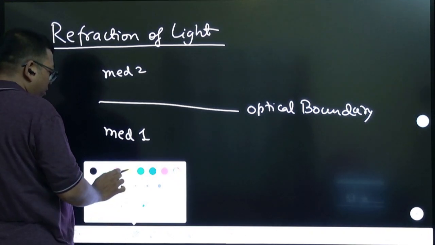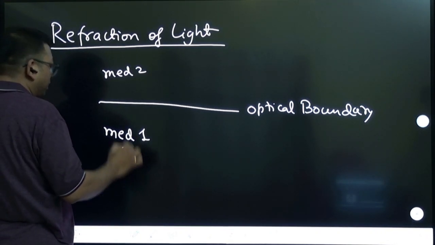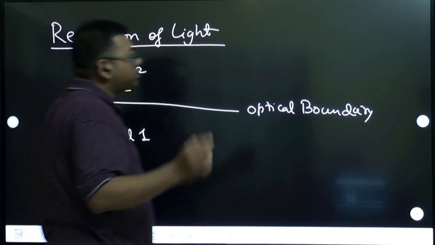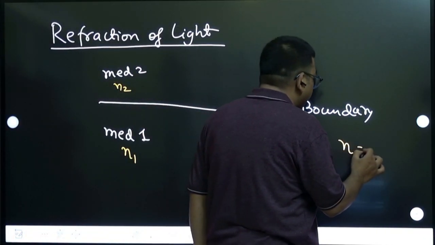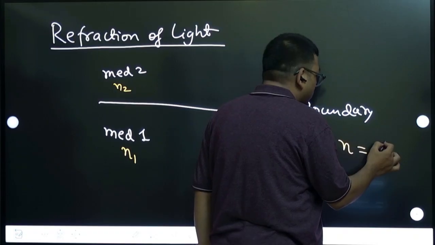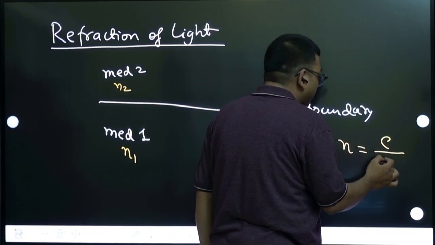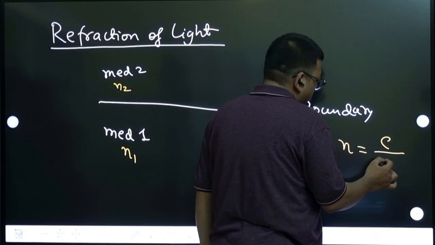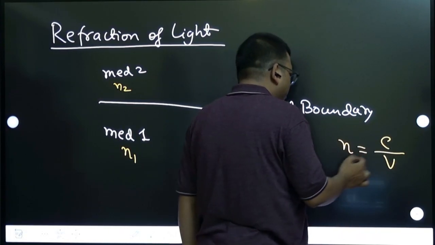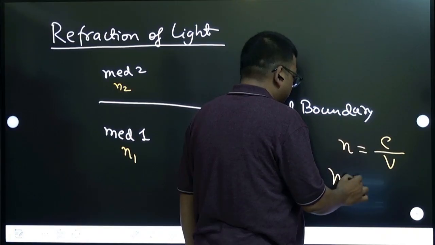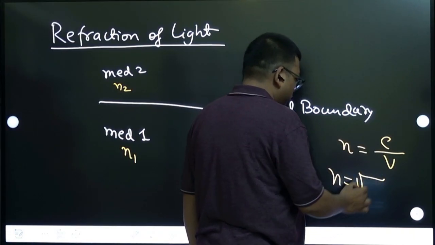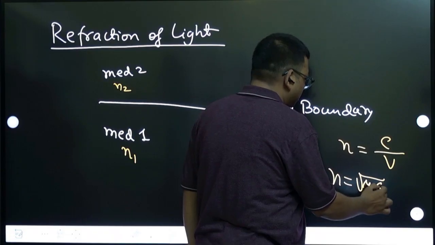And there is a property called refractive index, n1 and n2, which we have studied in electromagnetic waves. Refractive index is the ratio of the speed of light in vacuum to the speed of light in the medium. And refractive index is also given as root under mu r epsilon r.